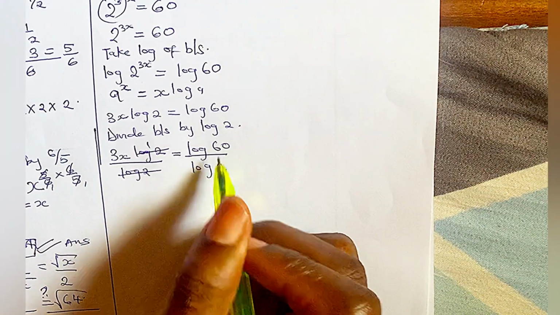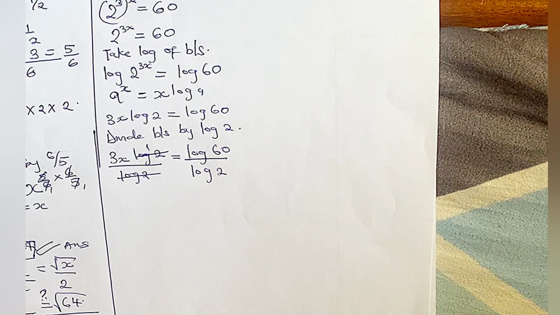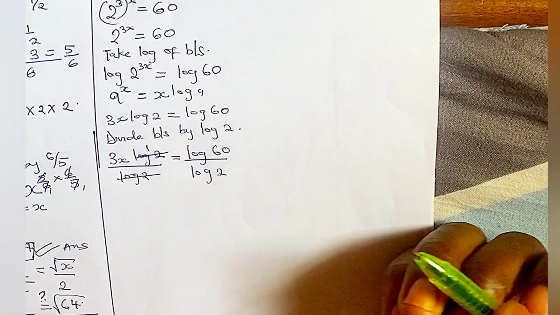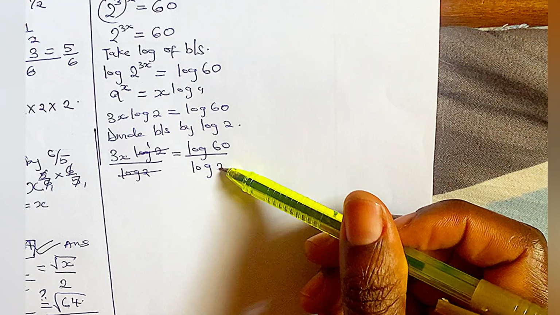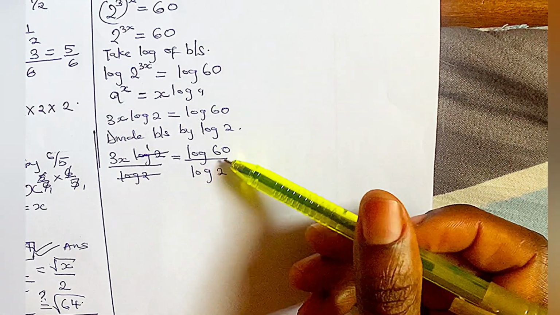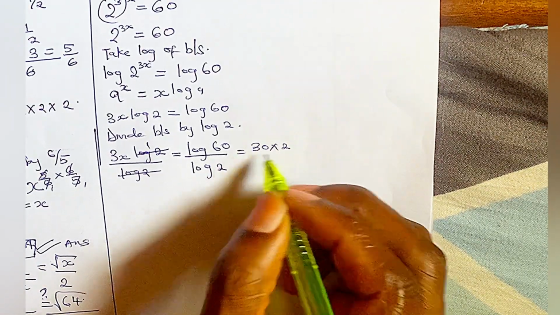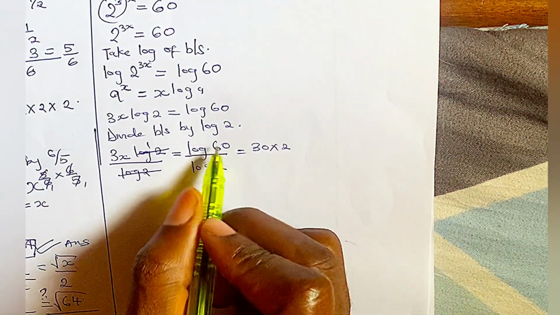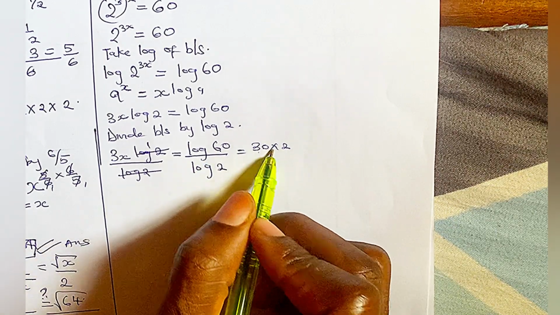So we know that we can rewrite 60 as what? 30 multiplied by 2. So the trick is always find a number that the denominator carries, so that when you multiply that number by another number, it will give you the numerator. So here you have 30 multiplied by 2 will give you 60. So now let's replace 60 as 30 times 2.